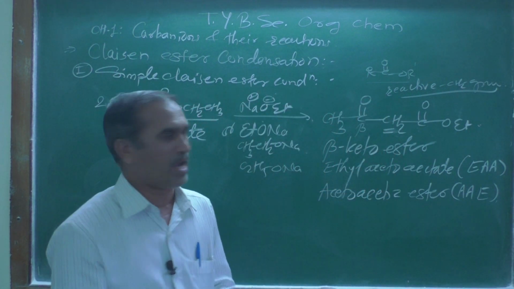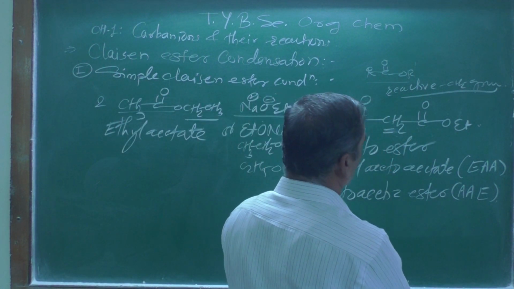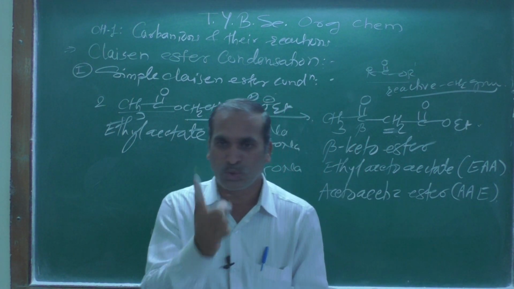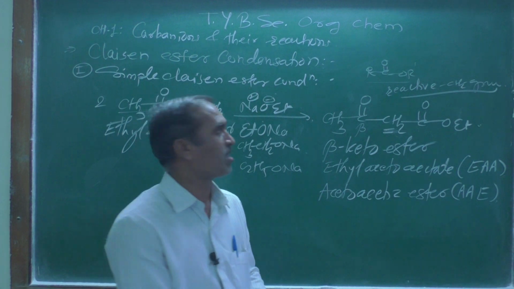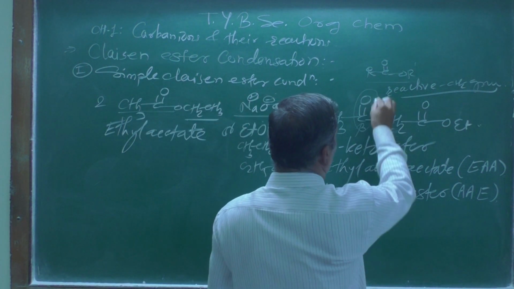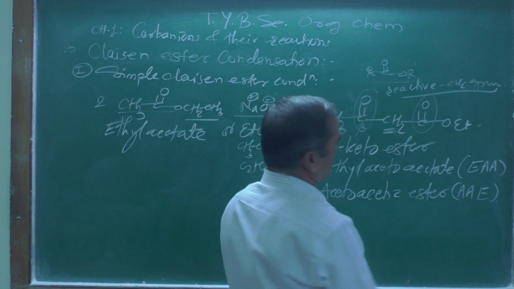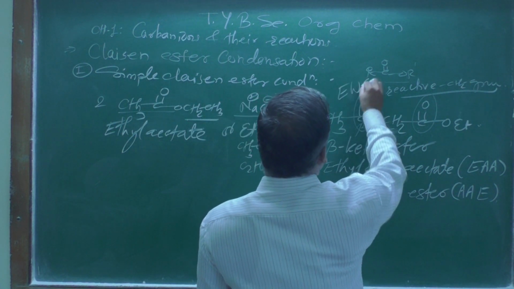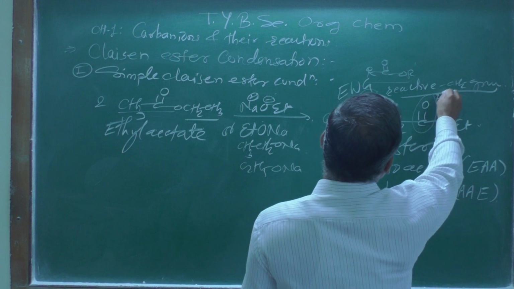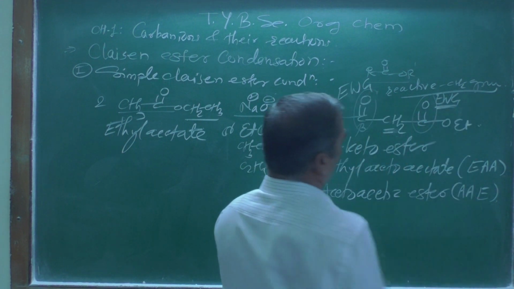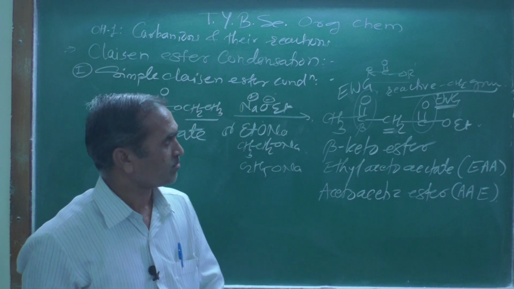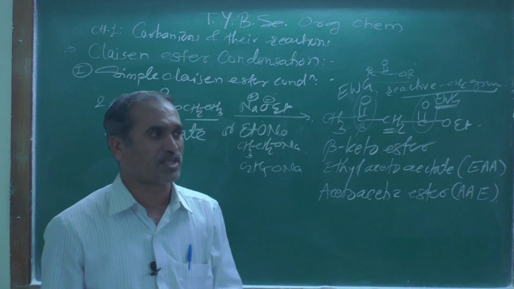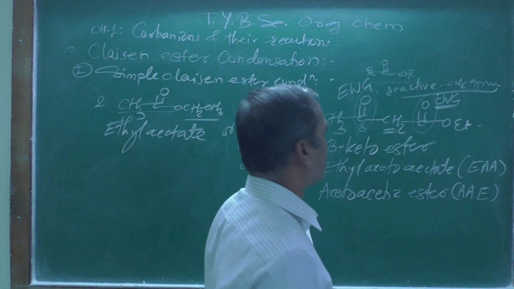The reason behind it is that this CH2 group, the methylene group, is present in between two flanking carbonyl groups. Look here, this is a carbonyl group and this is also a carbonyl group, and they are electron withdrawing groups, and therefore these protons are highly acidic in nature.